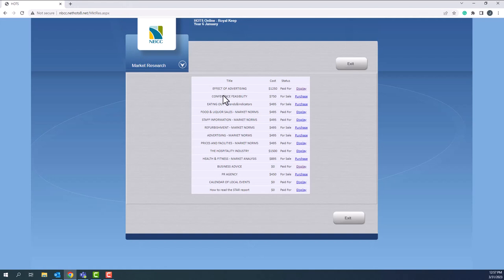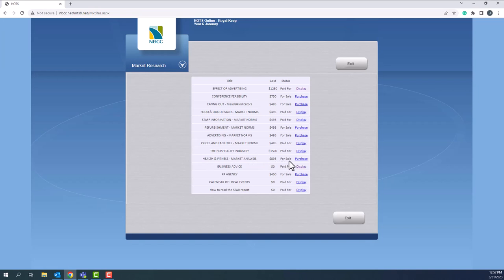So there are a lot of other reports here that you might want to look at. Hopefully you remember how to read the STAR report from previous classes. You can look at a calendar of local events, but you can look at all kinds of different analysis items. So health and fitness market analysis.